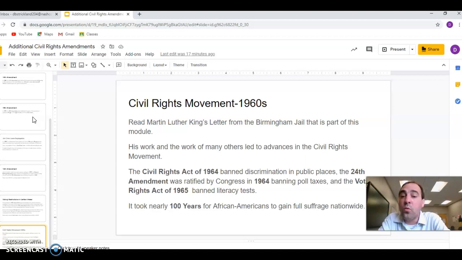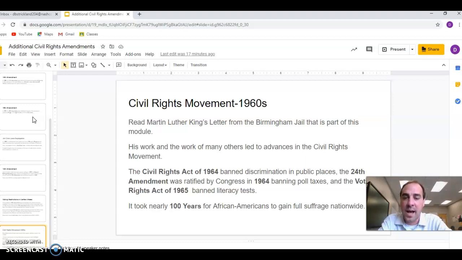Okay, because of the work of Martin Luther King and many other civil rights activists, by 1964, the Civil Rights Act was passed, and that banned discrimination in public places. This is why now when you go to apply for a job, apply for school, go anywhere in public, you see those signs that say we do not discriminate on the basis of race, color, creed, gender, sex.